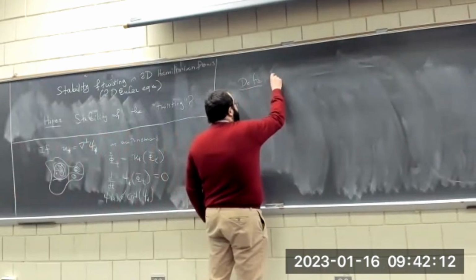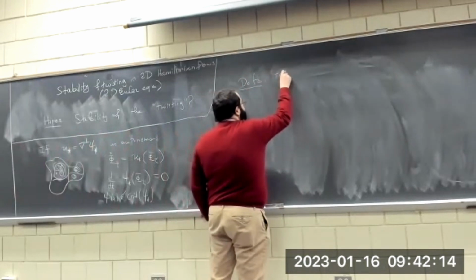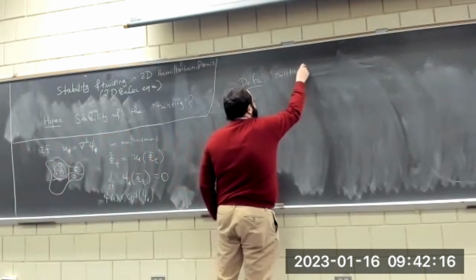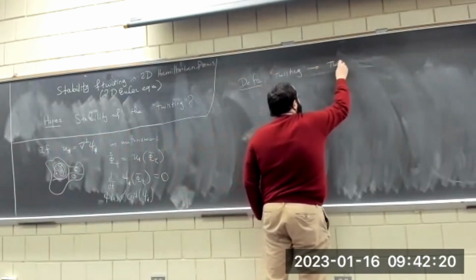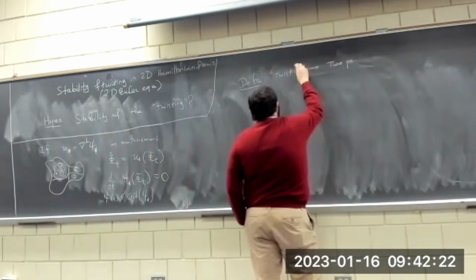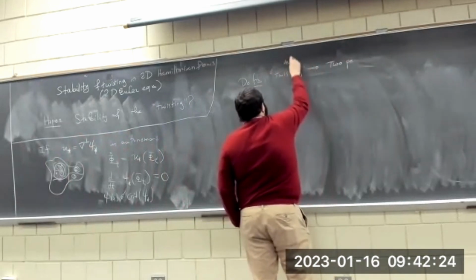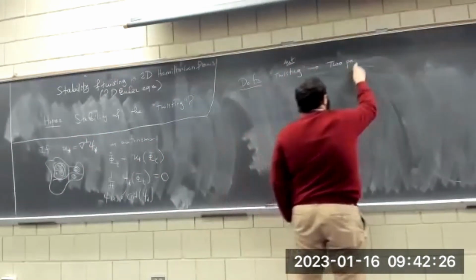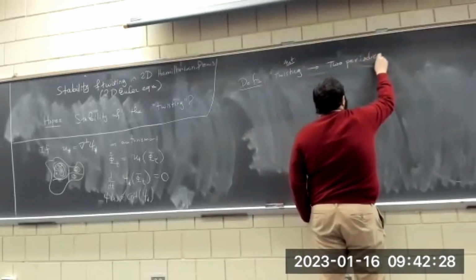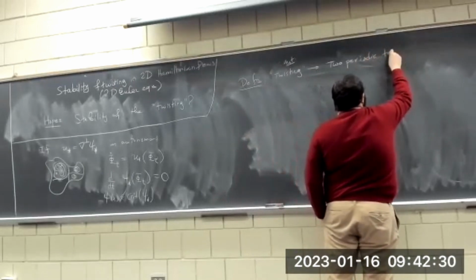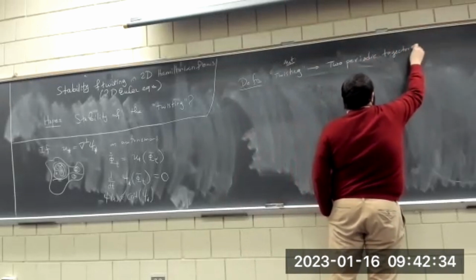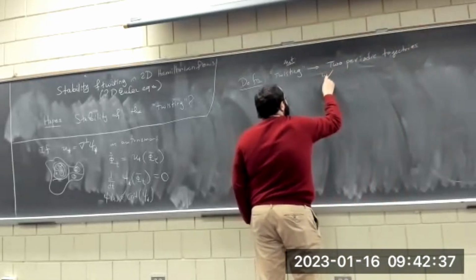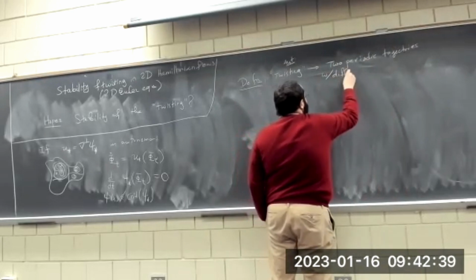For the autonomous case, our definition of twisting means that you have two periodic trajectories with different periods.